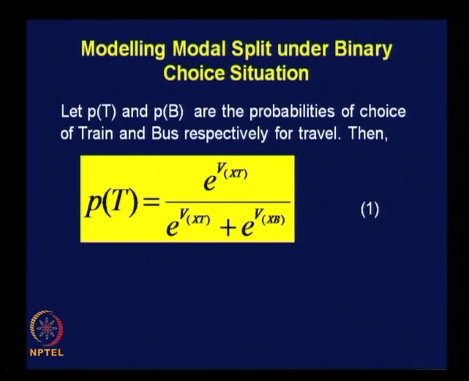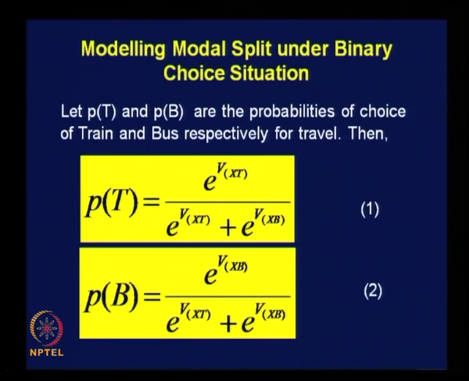T stands for train, x indicates the independent variables involved in the utility function. That is the significance of this subscript for Vxt, right, divided by e power Vxt plus e power Vxb. And similarly we can write probability of choice of bus B to be equal to e power Vxb divided by e power Vxt plus e power Vxb.